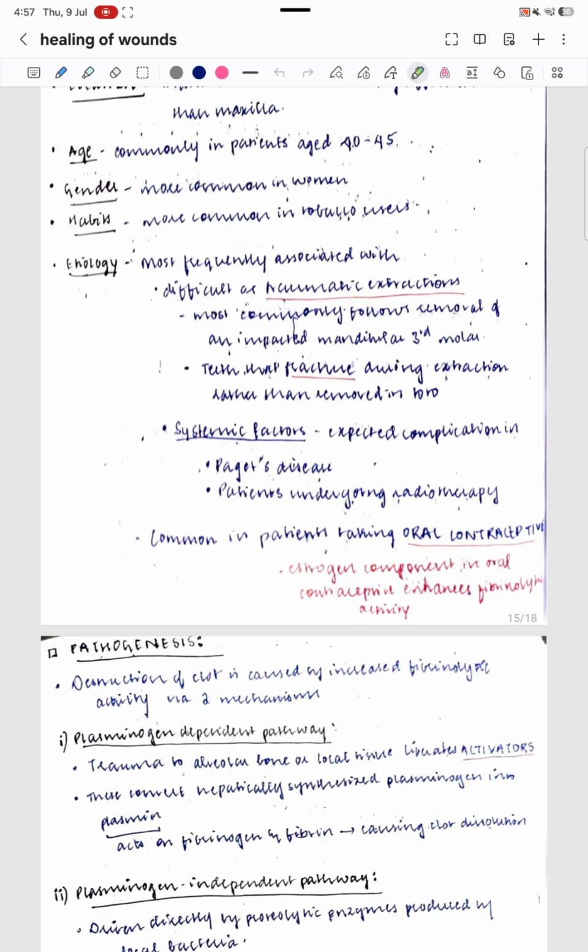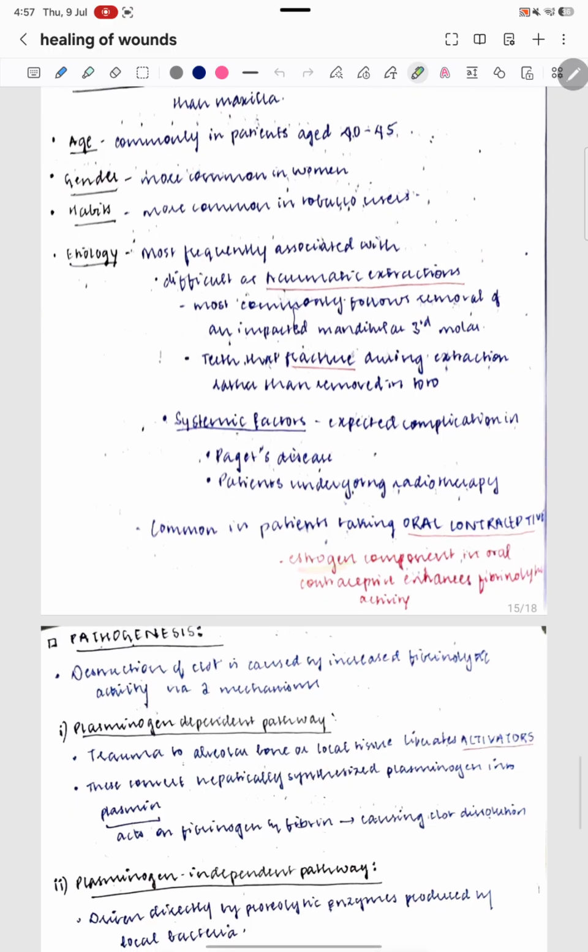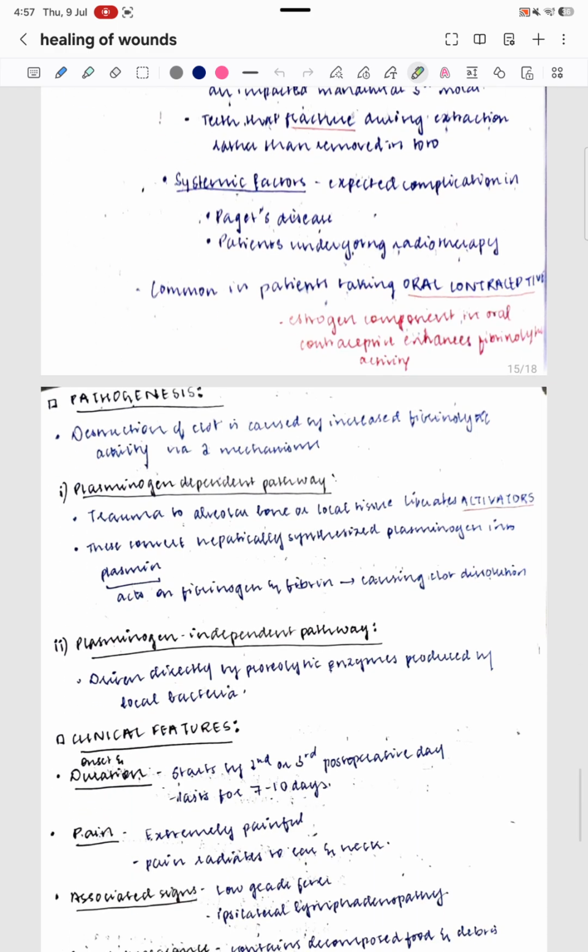So your etiology was traumatic extractions, fractures, Paget's disease, patients with radiotherapy, and most importantly patients on oral contraceptives, right? Then coming to your pathogenesis.